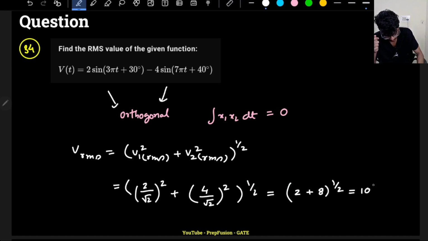So this will be 10 whole under root. So this value will come out to be 3.27, something like that. So this will be the answer of this question basically.